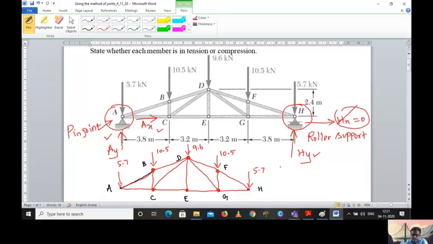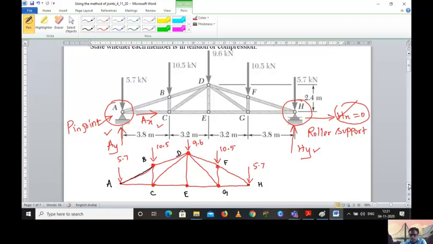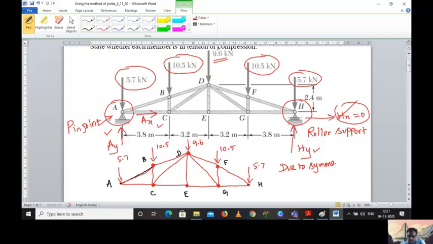This truss is symmetrical about the Y axis, and the forces are also acting the same. It is 5.7 and 10.5 this side, and here also 5.7 and 10.5, and here it is 9.6 kilonewton. So due to symmetry, we can calculate the reaction forces easily.